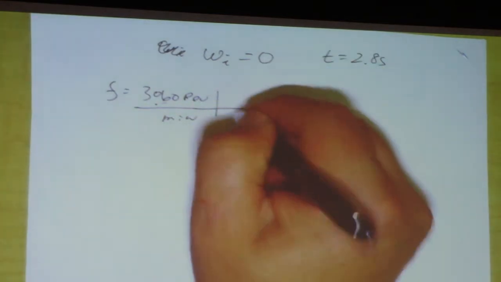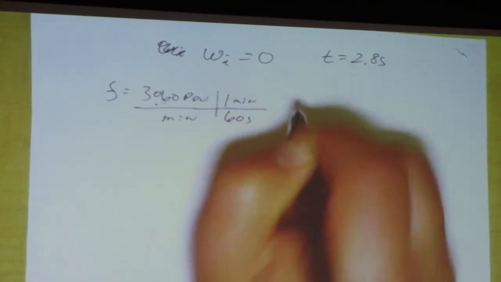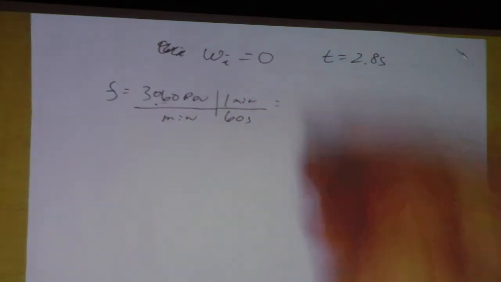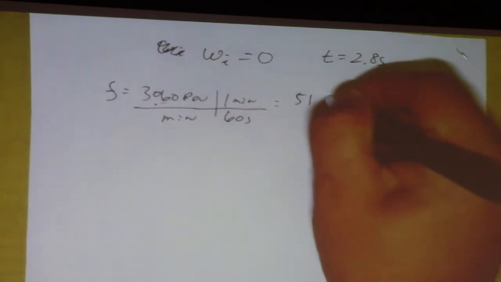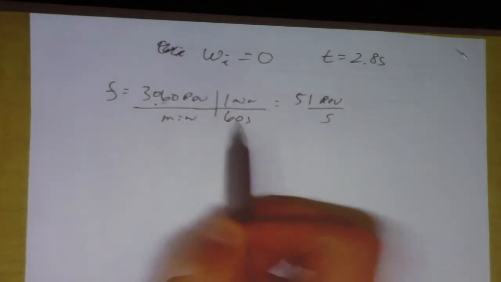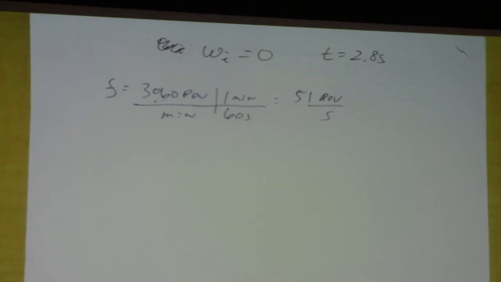So 1 minute, 60 seconds. 51 maybe. Let me actually punch it in. Good, 51. And that's revolutions per second. Good, so that's actually SI units. I mean, usually you see things in RPMs, but the SI way of looking at it is revolutions per second.